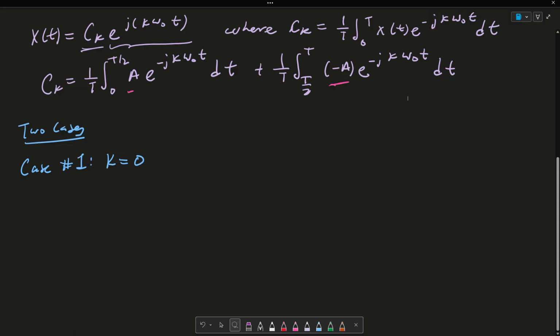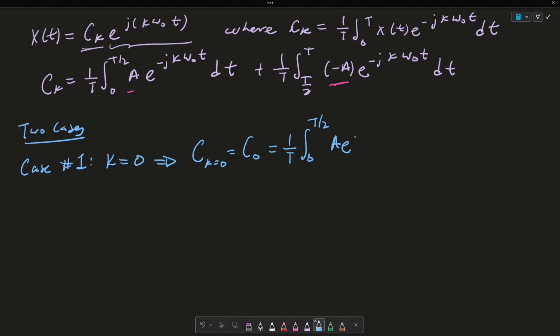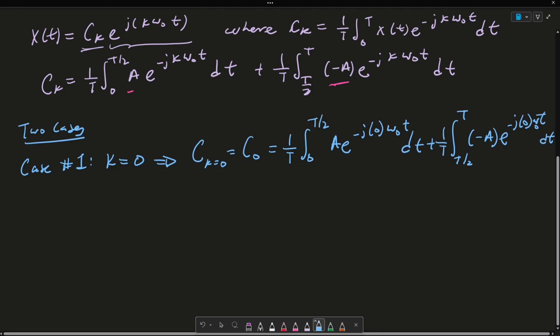All right. So then I'm going to say that c of k with k equal to 0, or c of 0, is equal to 1 over T, the integral from 0 to T over 2 of A e to the minus j times 0 times omega naught t dt, plus 1 over T, the integral from T over 2 to T of minus A e to the minus j times 0 times omega naught t dt.